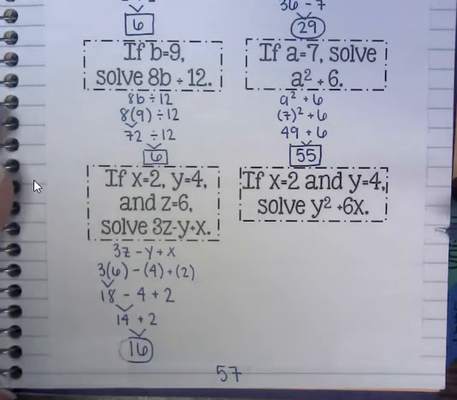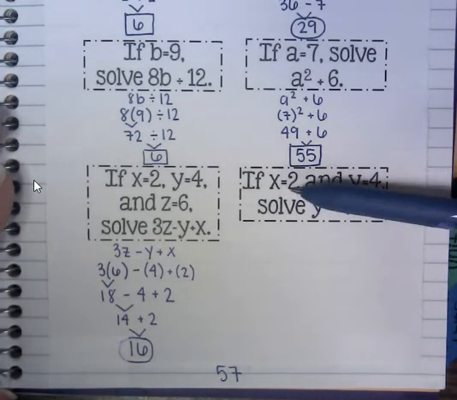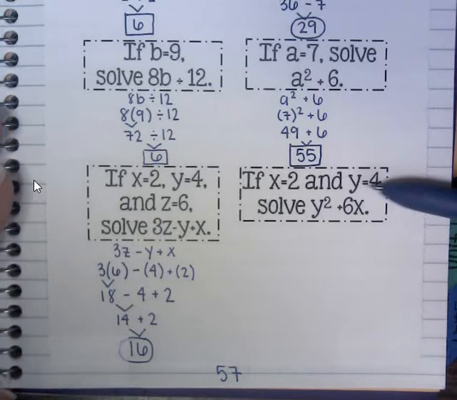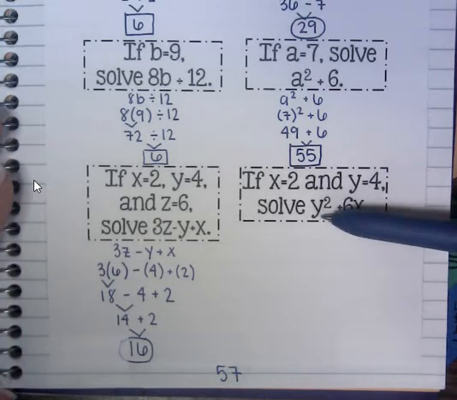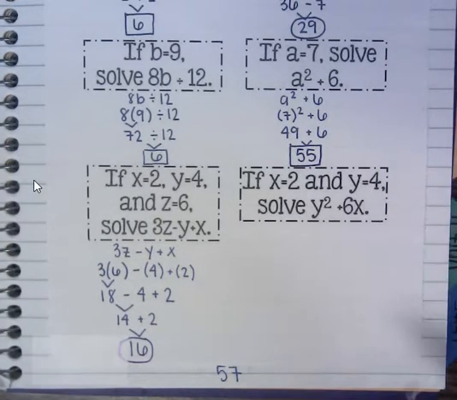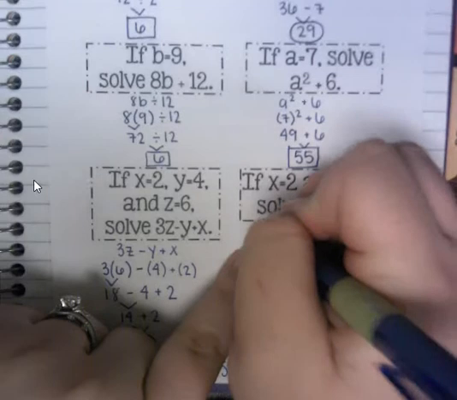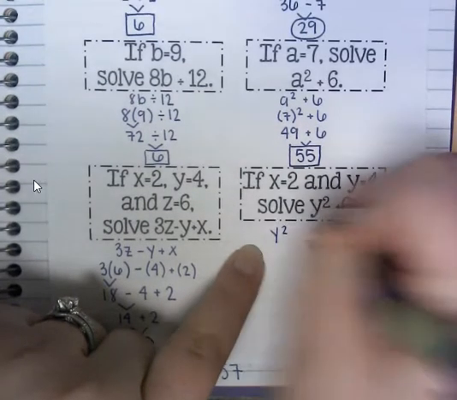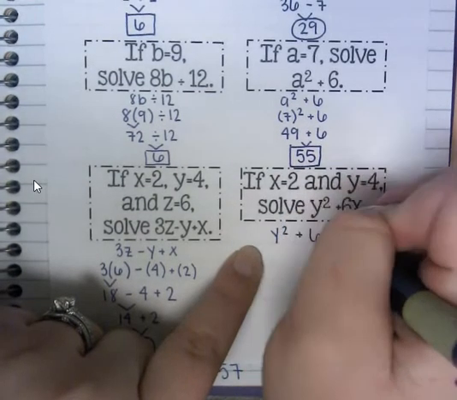Last example like this. If x equals 2 and y equals 4, solve y squared plus 6x. Okay, y squared plus 6x.